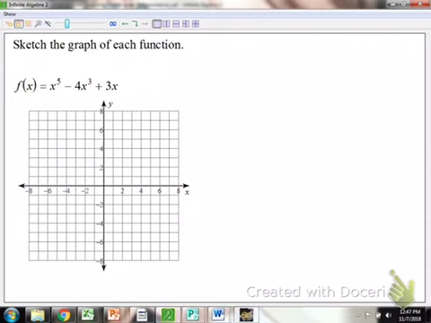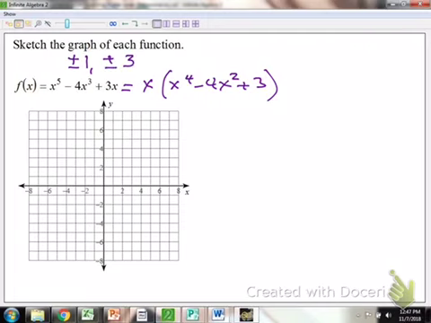Same thing with this one, right? We're going to first factor out a 0. x equals 0 is a 0 because everything has an x. And then the rest of the possible zeros are plus or minus 1 and plus or minus 3. And I have a 4th degree function here, so when I'm checking for these things, and I believe 1 is going to work, I'm only going to be checking this.